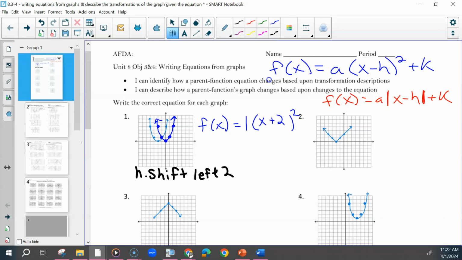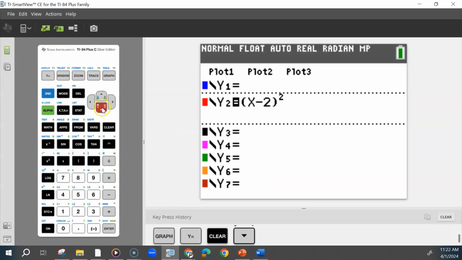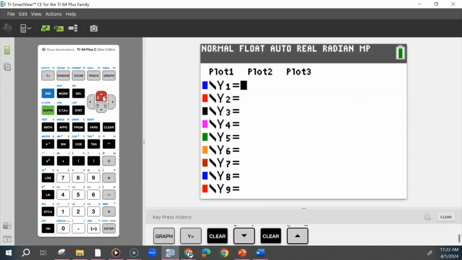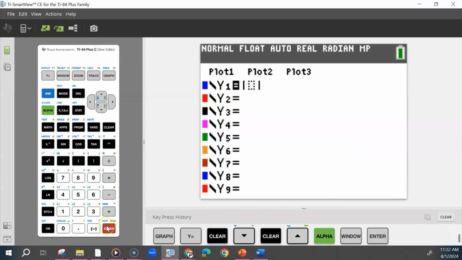The original, to see what happened, what changed. So I'm going to clear out both of these. And in the first one, I'm going to put alpha window to get that absolute value. So alpha window and put X in between.